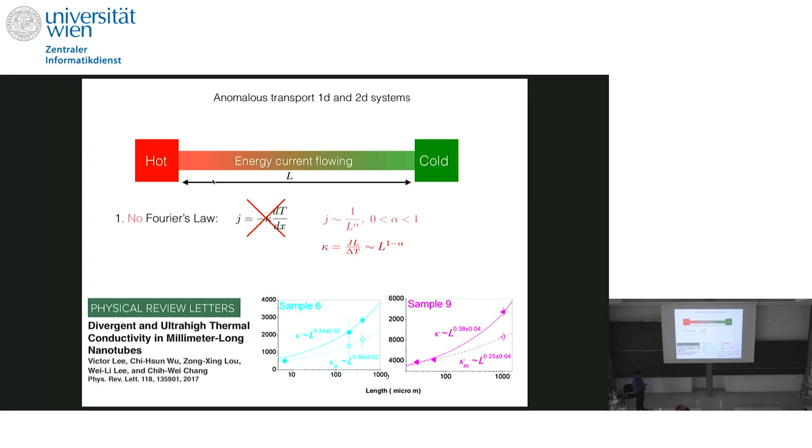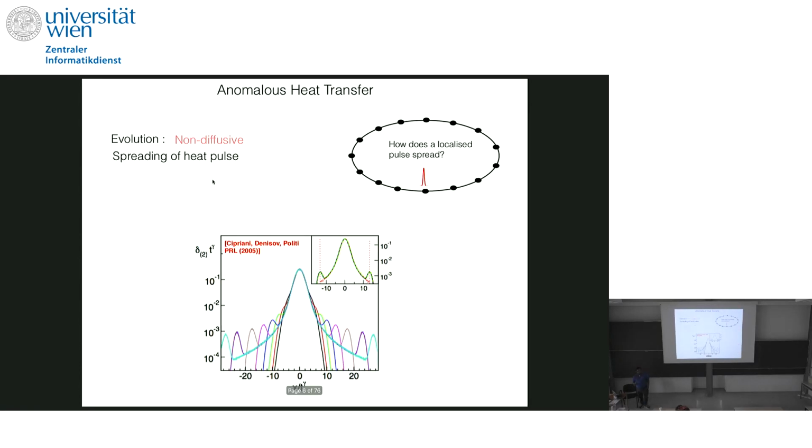There are other signatures of anomalous transport. Here you consider a system in thermal equilibrium, not connected to reservoirs of different temperature. You create a small localized heat pulse at some time and observe how it evolves.